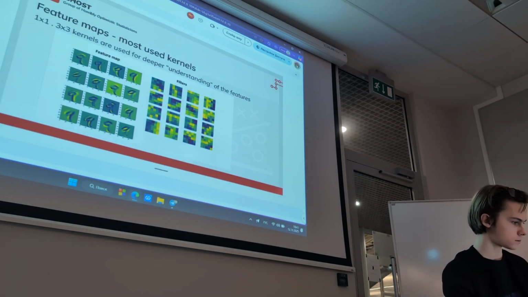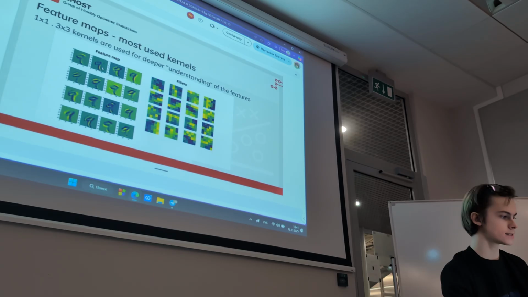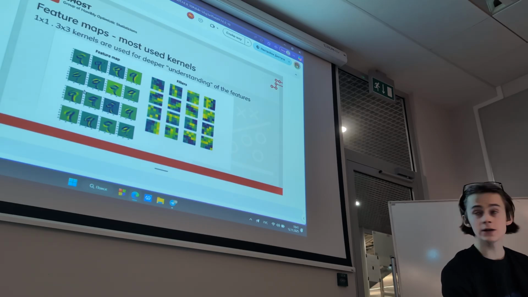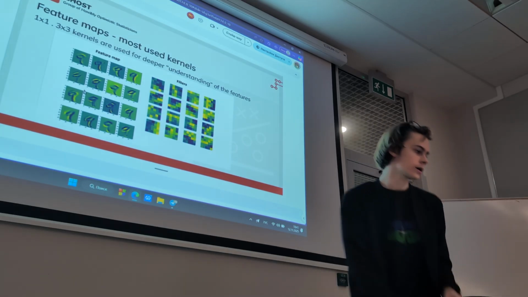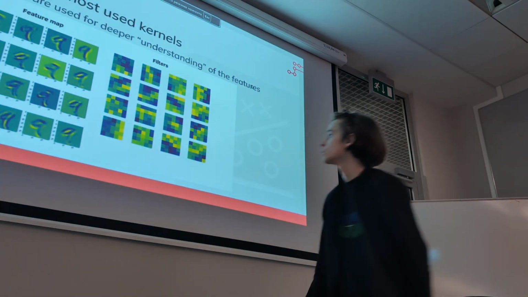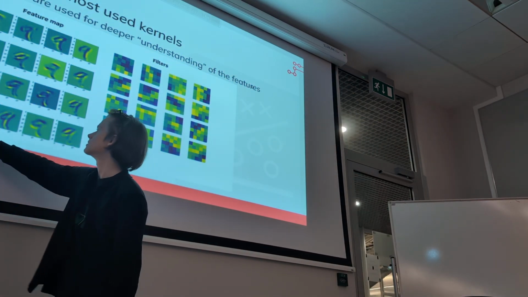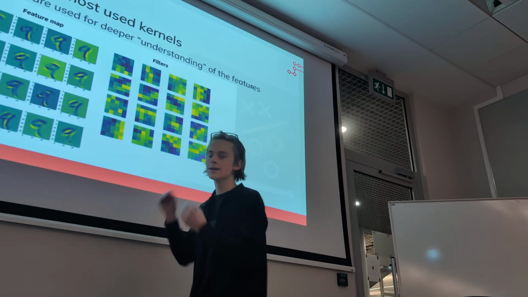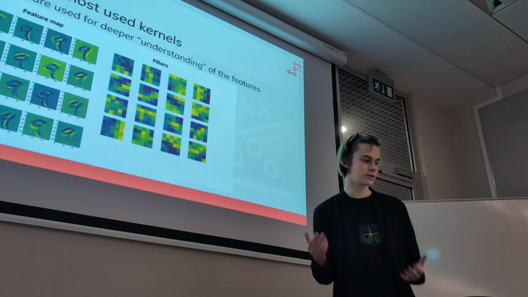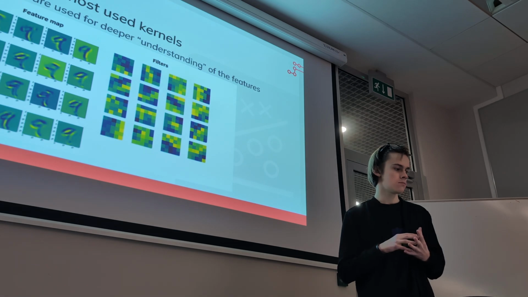So for example, this is how the feature maps look like, and those are the filters that were used on them. We use that filter, we got this thing, and the thing in convolutional neural networks is that you need to get more features from some number.